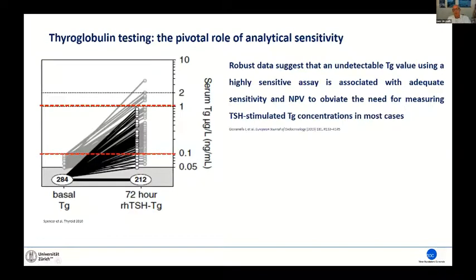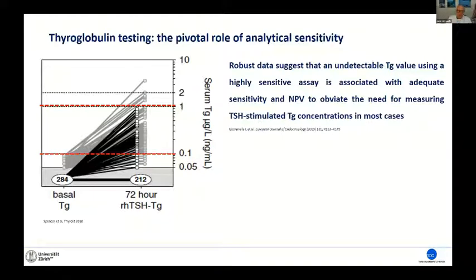As you can see here, the well-known graph from a pivotal paper of Spencer and colleagues, when using a highly sensitive thyroglobulin assay, that means functional sensitivity of about 0.1, 0.2 microgram per liter, we can avoid TSH stimulation, as an undetectable thyroglobulin level in these assays will correspond to thyroglobulin less than 1 or 2 microgram per liter, which were the thresholds adopted in clinical practice to define a patient as cured or not.